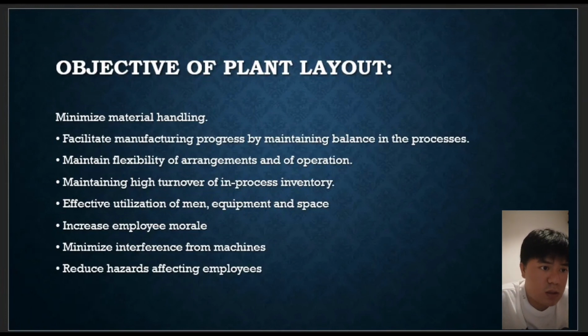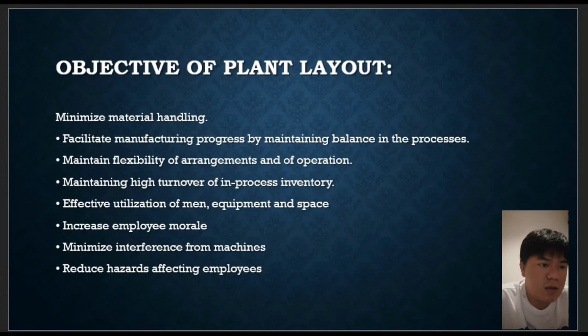Next is maintain flexibility of arrangement and of operation. And the next is maintaining high turnover of in-process inventory. And the next is effective utilization of men, equipment, and space. And next is increase employee morale.